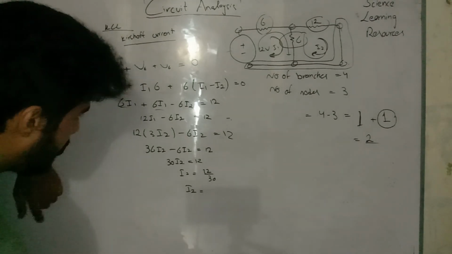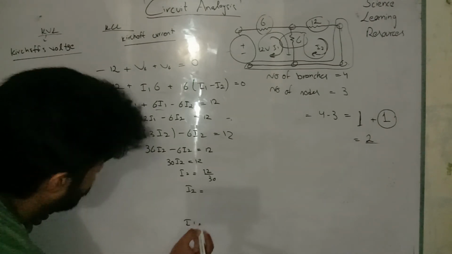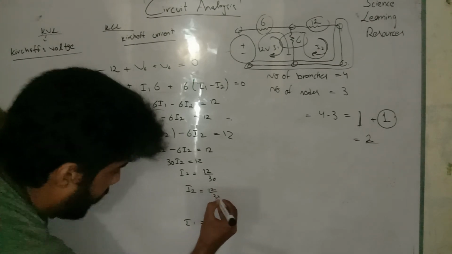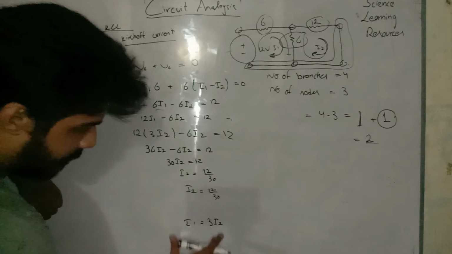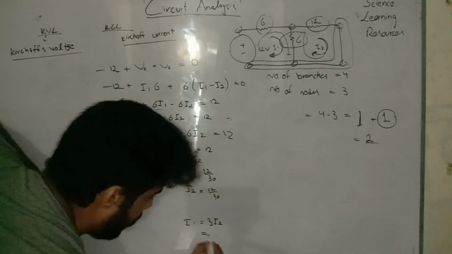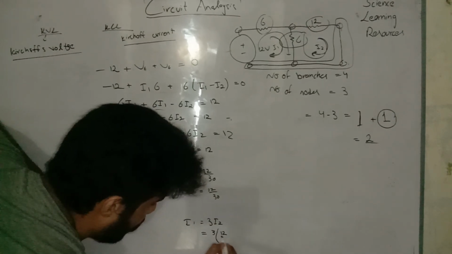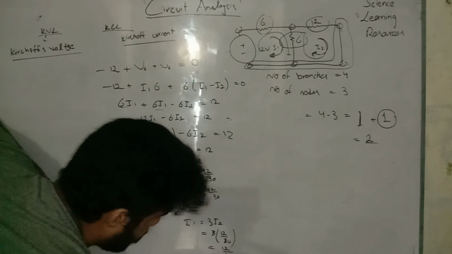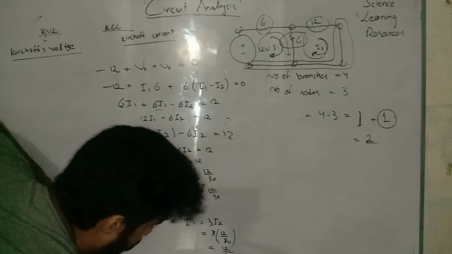And another equation was I1 equals 3I2, and I have to now put this term here. Then I will have 12 over 30, and after cutting that, 12 over 10, and it is 1.2.